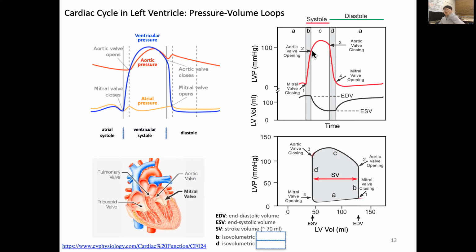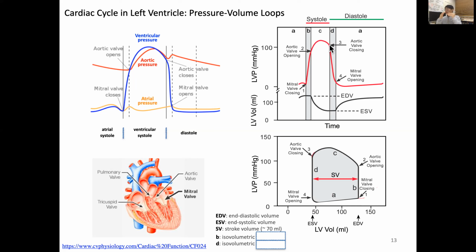And then it ejects, so the pressure is building up, while the volume, because it's the ejecting phase, this end diastolic volume starts to decrease until the aortic valve starts to close. Then what happened? Now both valves are closed.